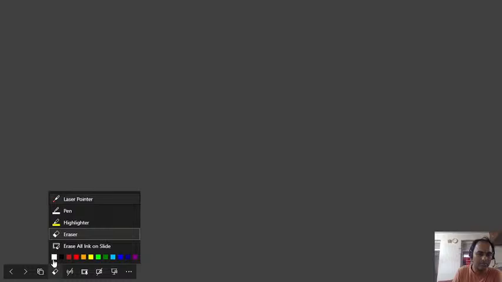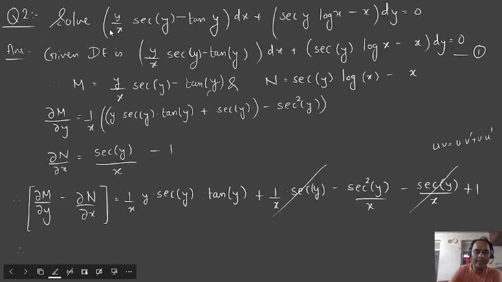Let us write this here. ∂M/∂y minus ∂N/∂x. When you compute it, how much do we get?